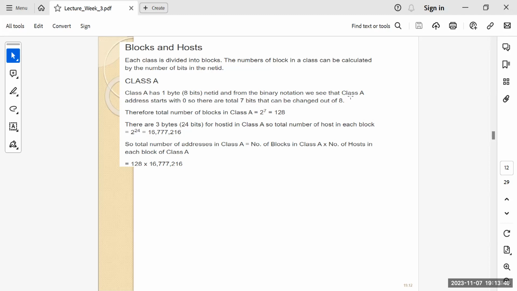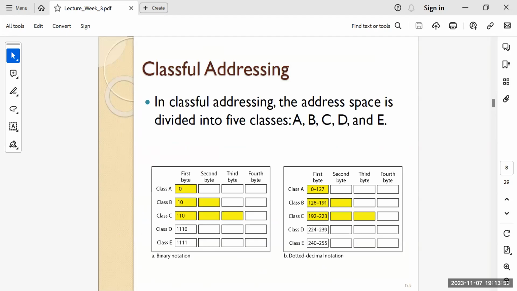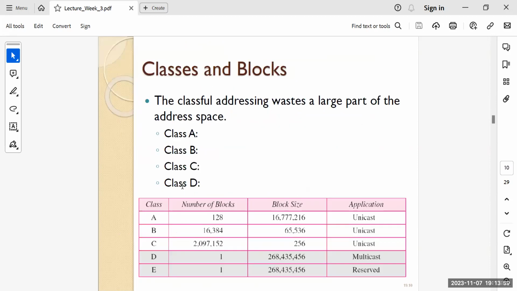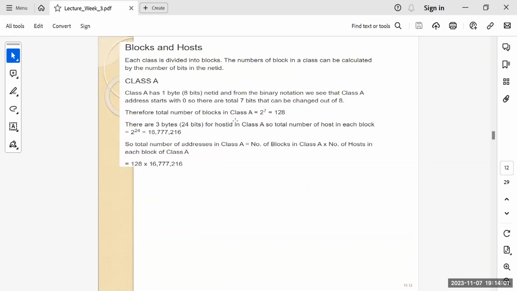From the binary notation, we have seen that a class A address starts with 0. In class A, the first bit of the first byte is 0. So there are 7 bits that are left in the network ID.